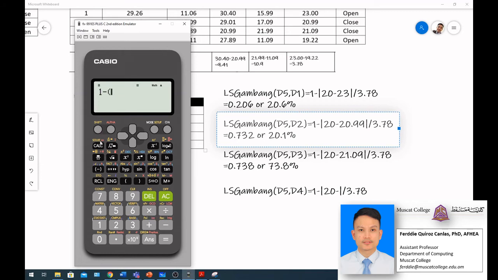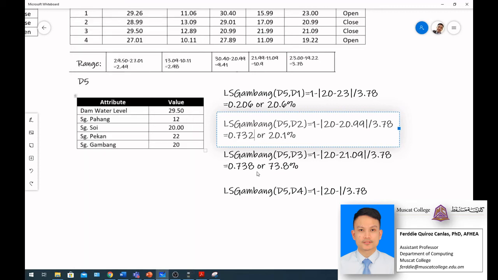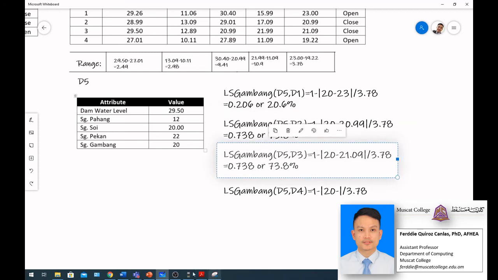I don't understand you, internet connection problem. 20 minus 20.99, 0.738. Ah, 0.738. Okay, this is for D2. So which is 73.8%. How about this, the D3?